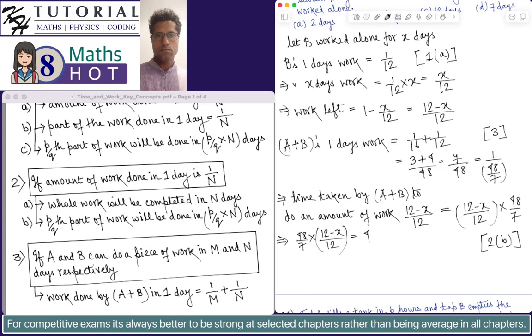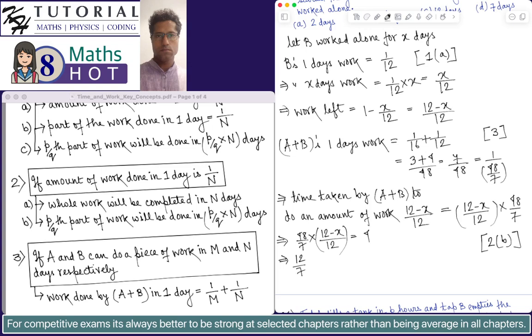We can divide both sides by 4. This is a linear equation in x and we have to solve for x. But what is x? We have assumed x to be the number of days in which B alone can complete the job.